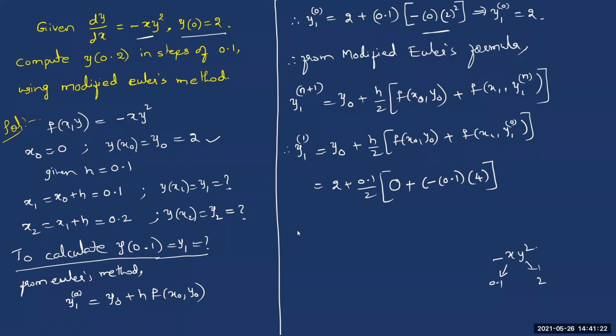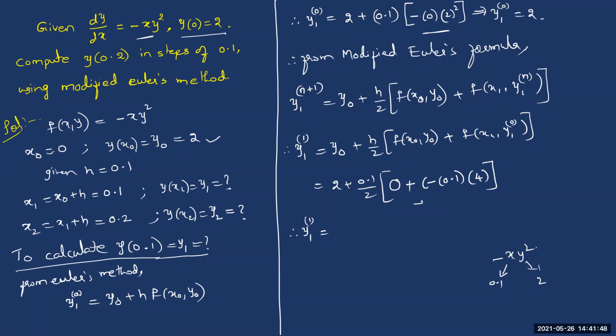Therefore, y1 first approximation is equal to, let me use my calculator to simplify this, 2 minus... I'm just writing minus because you see 0 plus something is there. That 0 has no importance here, and here it is plus into minus.